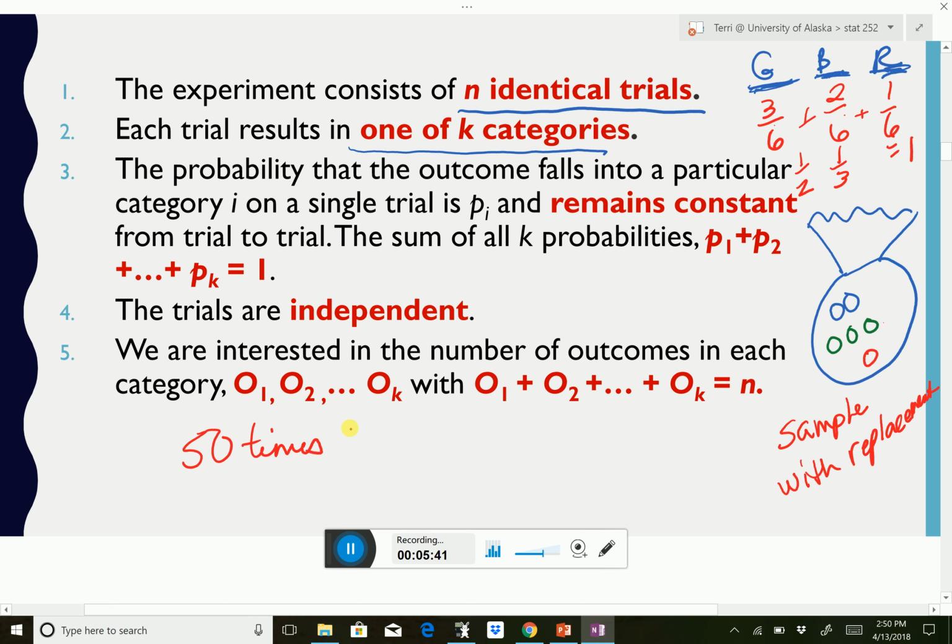And when we reach into this bag 50 times, let's say that we get, how many greens? Let's say we got 29 green. I should probably write that in green, huh? So we got 29 green.